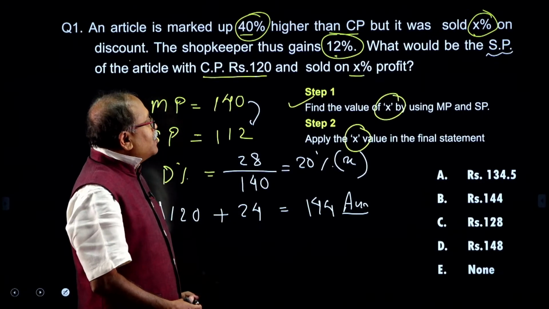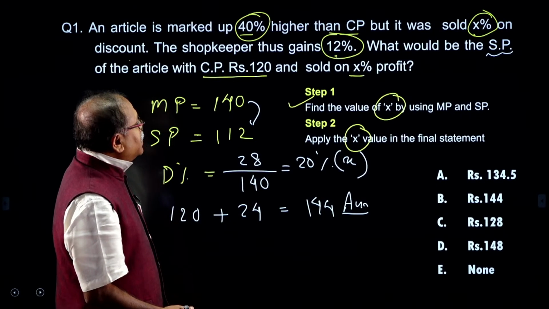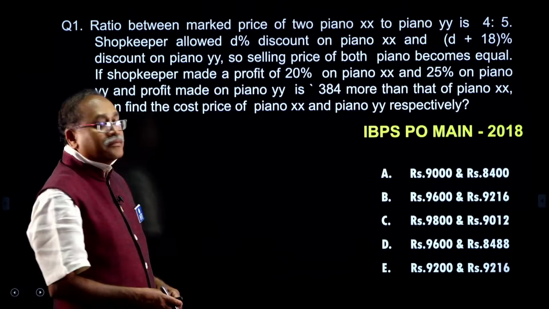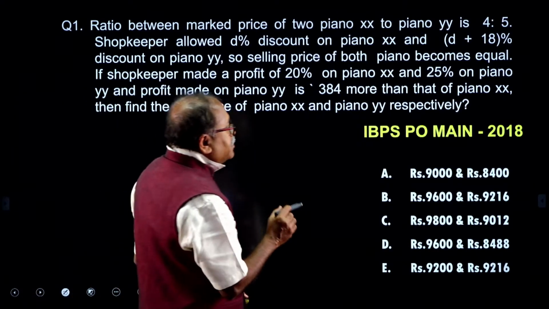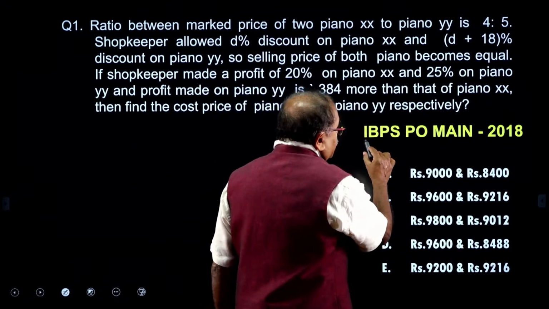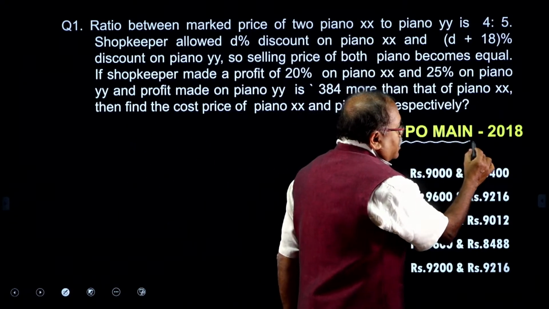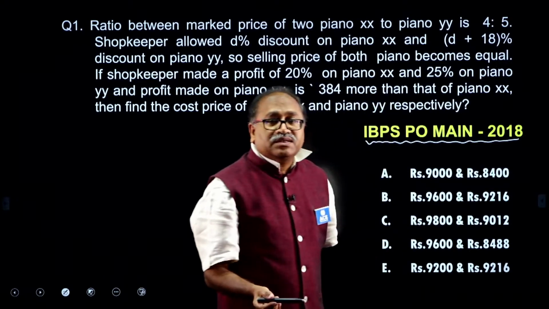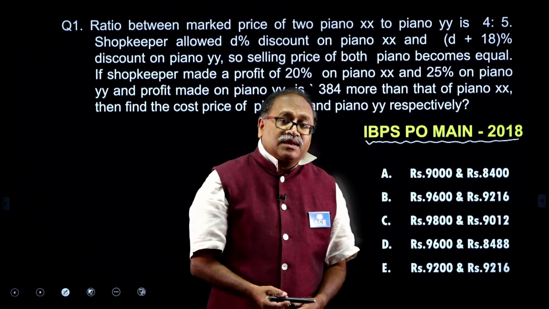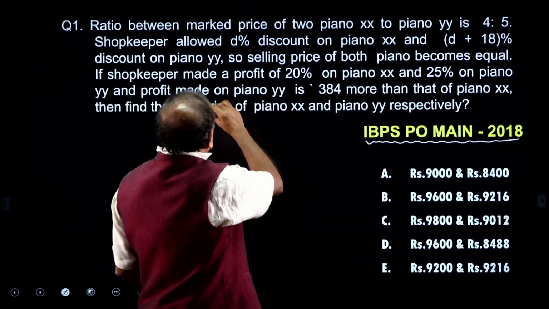Okay. Moving on to the next question, and the next question is something like this. Now, I picked up this question purposefully because I have seen that it was really an interesting question, and you will learn a lot in the process of answering the question. So, that is IBPS PO Main 2018. Now, a lot of information is there.